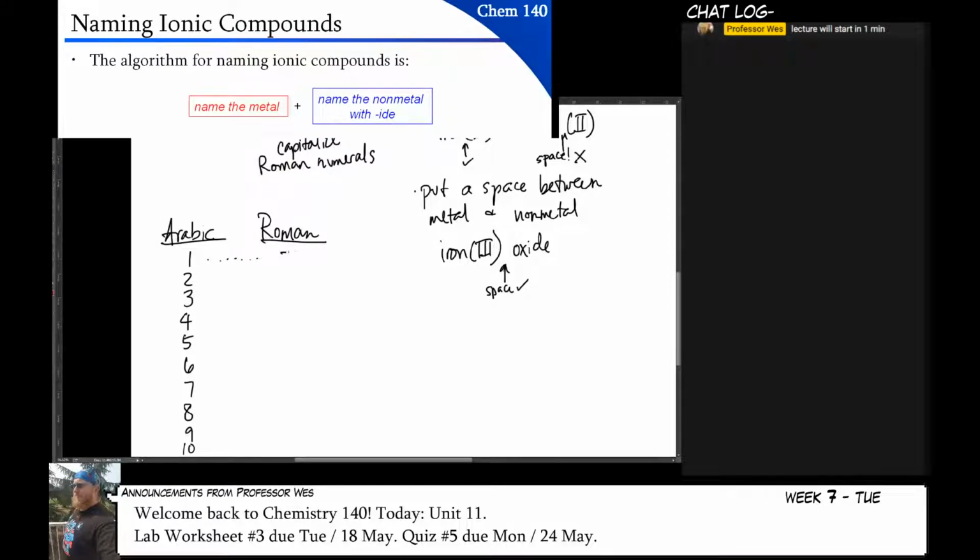So 1 is just a capital I. 2 is capital I twice. 3 is III. 4 is IV. 5 is just V. You see that Roman numerals are kind of this pseudo base 5 thing. 6 is VI. 7 is VII. 8 is VIII. And then 9 is IX. And then 10 is X.